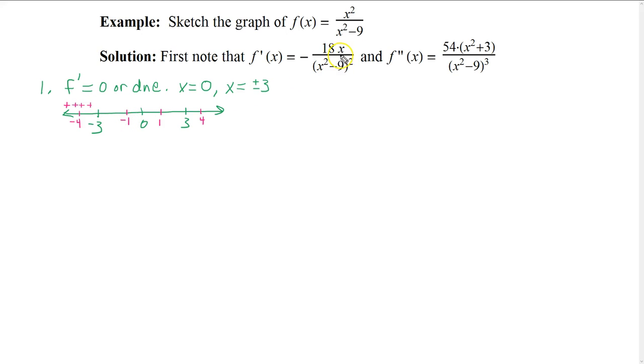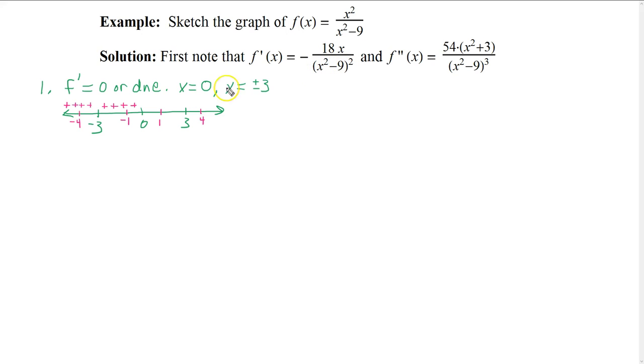If we put -1 in for x, in the numerator we'll get a negative number times a negative. That'll make it positive as well. So we're still positive here. Now if we put +1 into the derivative function, the numerator will now be positive, but we have that negative out here.